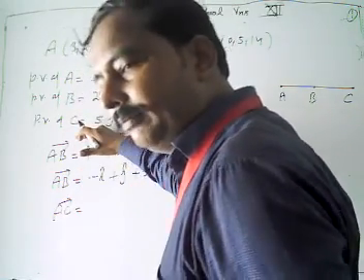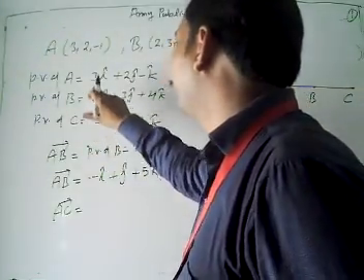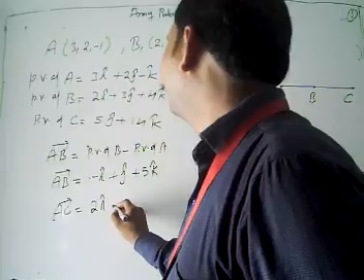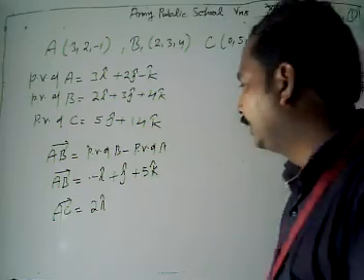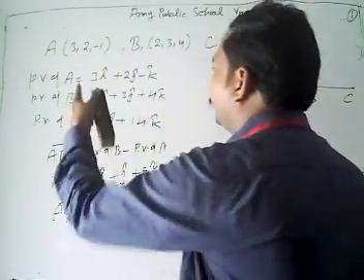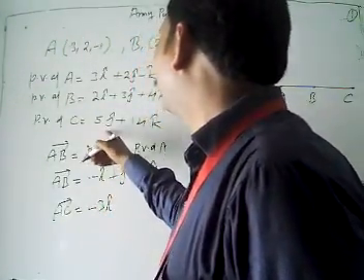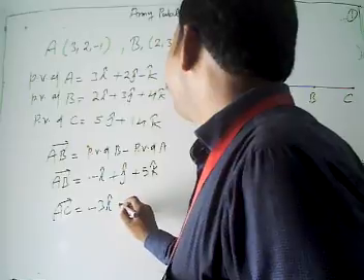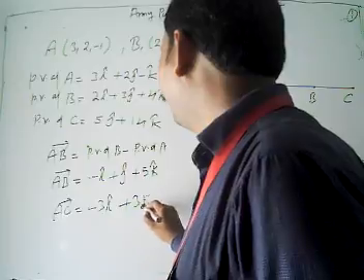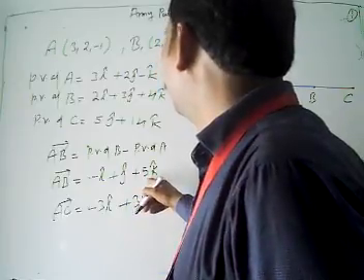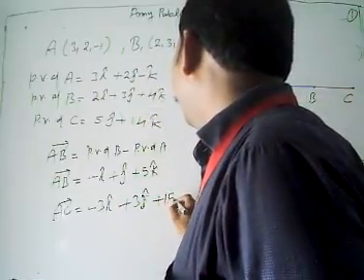Position vector of C minus the position vector of A. We substitute C minus A. Then 0 minus 3, we get minus 3i cap. 5 minus 2 is plus 3j cap, and 14 minus minus 1 is 15k cap.